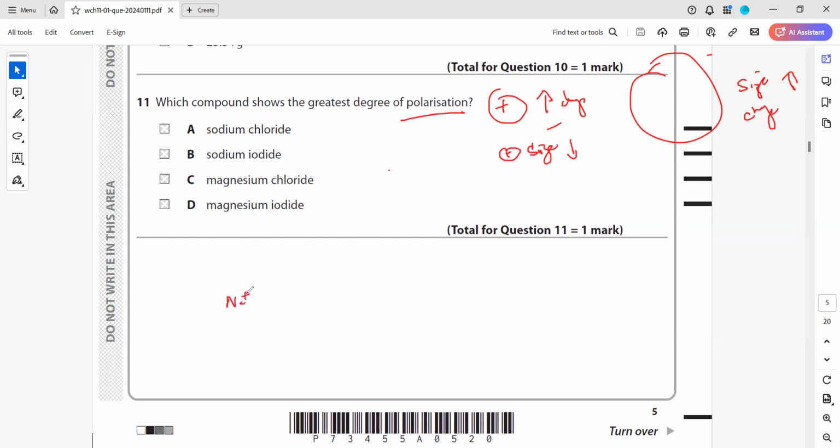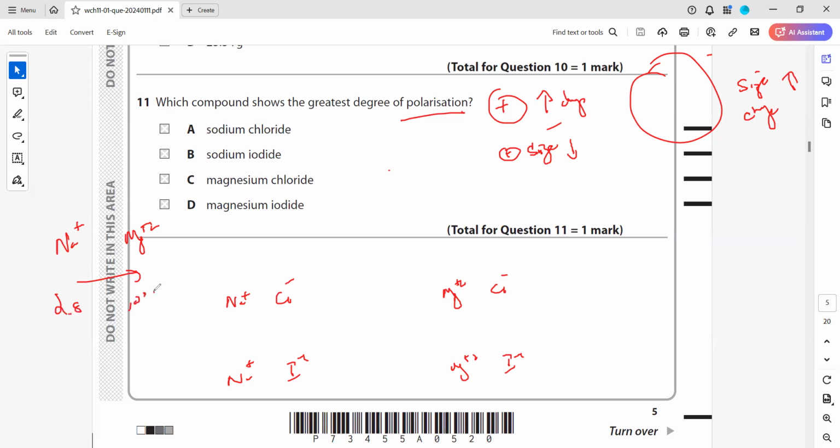So sodium chloride, sodium iodide, magnesium chloride, and magnesium iodide. First thing, when we compare the size, because sodium and magnesium ions are isoelectronic, they have the same electronic configuration 2,8.